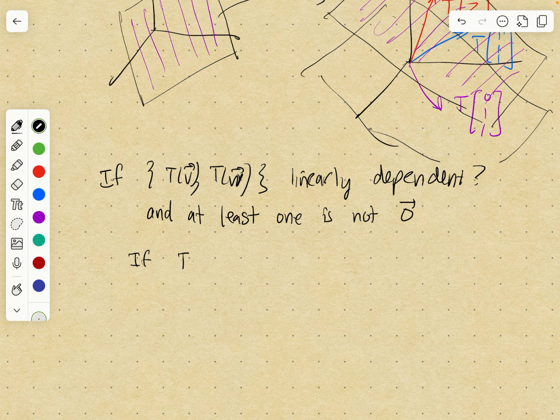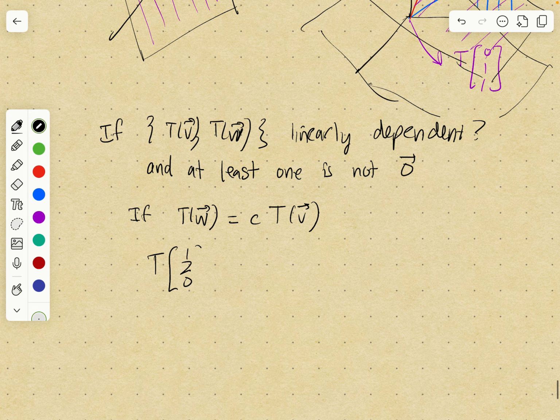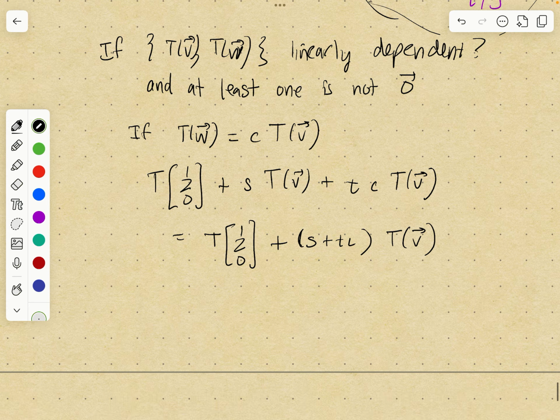So let's say that T of W is some scalar multiple C times T of V. Well, what I'm going to get is T of 1, 2, 0 plus S times T of V plus T times capital T of W, but then capital T of W is C times T of V. And so this is going to be T of 1, 2, 0 plus S plus TC times T of capital V.